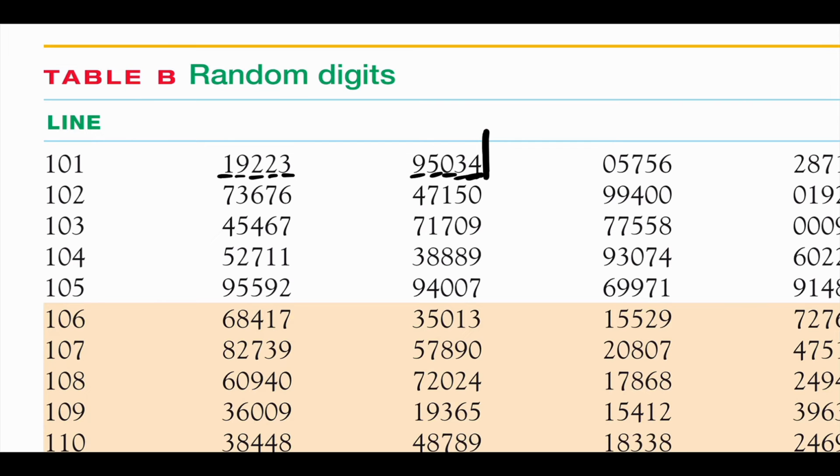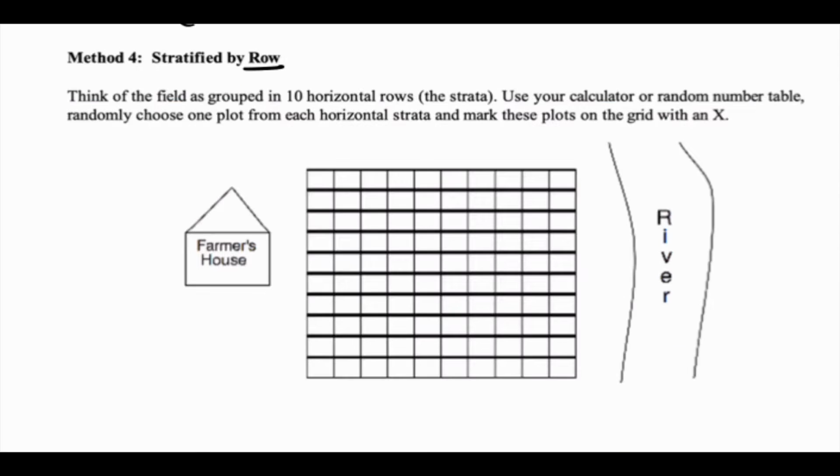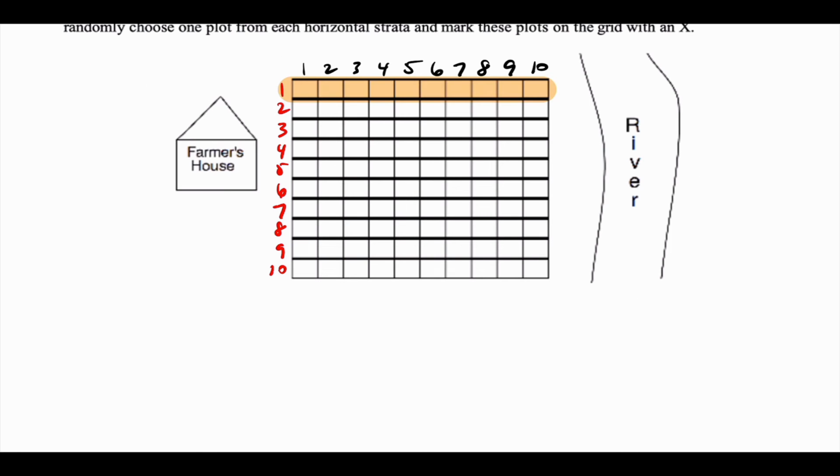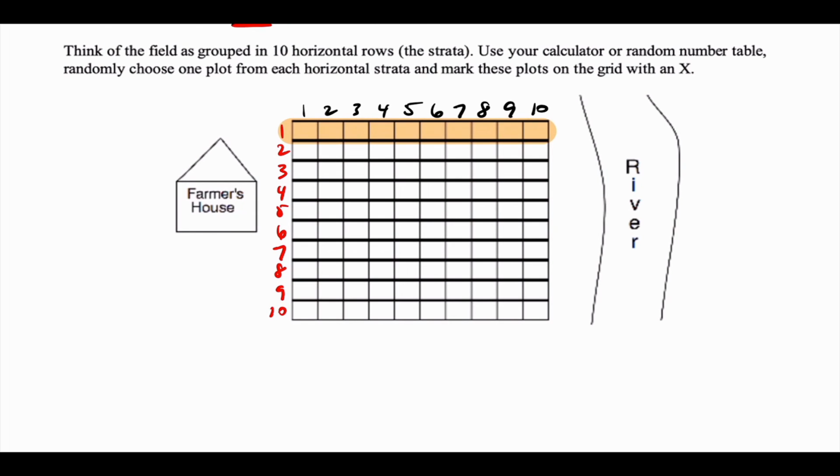So start with 0. Don't start from where we started. Start where we finished. Everybody should have the same boxes checked for this one because we started from the same spot and we use the same random digit table.